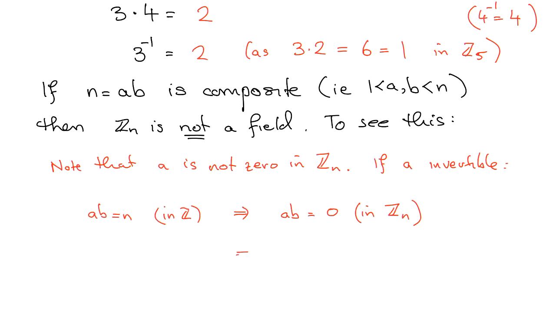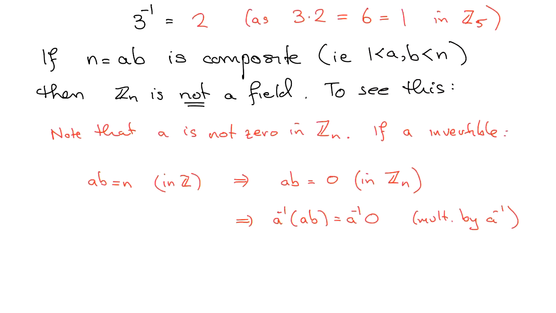So if there was an inverse, then I multiply by that inverse. And really, I'm using some axioms here to group things together. Well, let's just keep going.